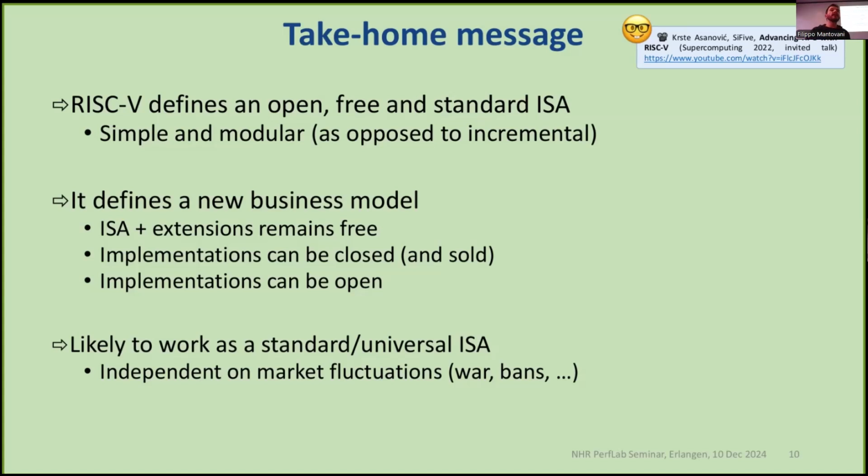The implementation can still be open or closed, so you can still do some business based on this. And it is likely to work as a standard or universal ISA. And in the moment in which you are living with bans, wars, and so on, at least we think it has some value in that sense, okay?